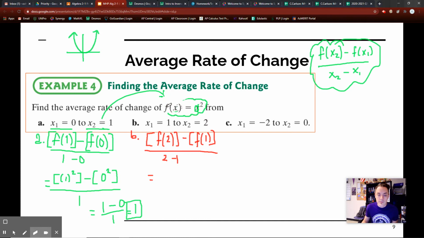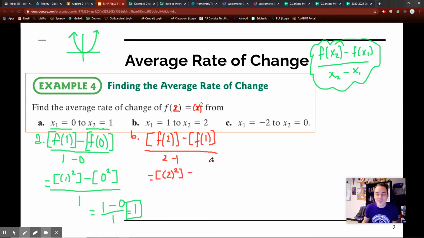What is f of 2? F of 2 is just plugging it in. You're going to plug in 2 right here and 2 right here. Make sure you use your parentheses just in case. So I'm going to use brackets, parentheses, 2 squared. You can never have too many brackets in your life.